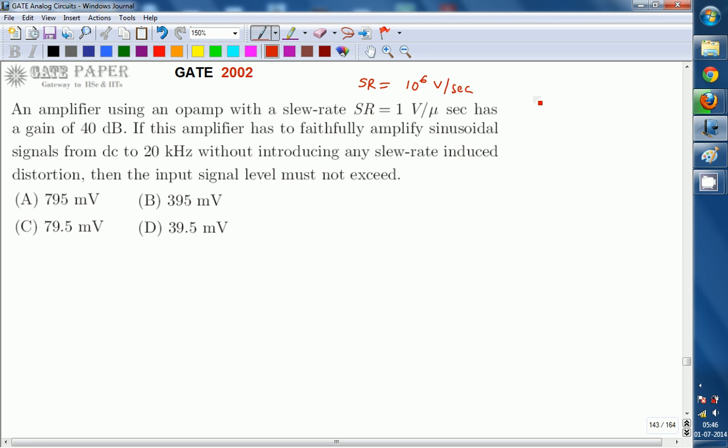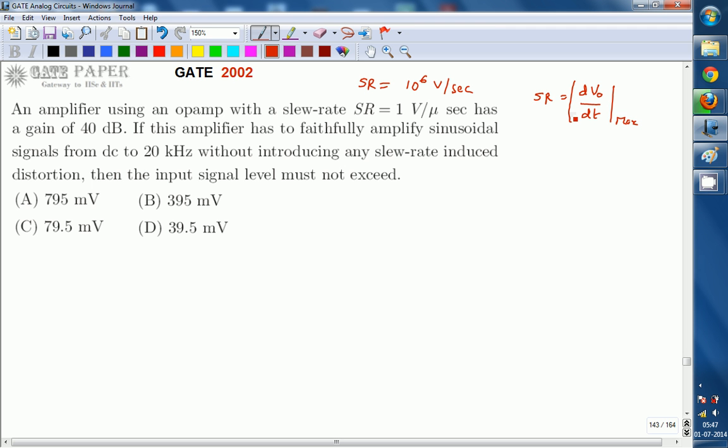Remember that slew rate is defined by the equation as |dV naught by dt| maximum. So slew rate is defined as the maximum rate of change of the amplifier output without deviating its behavior or its output shape.